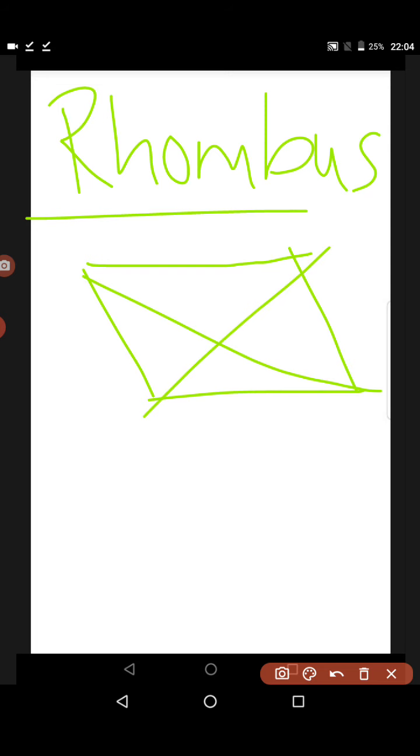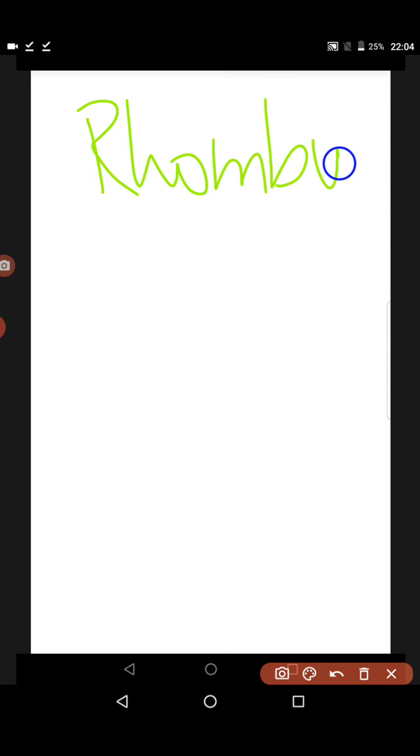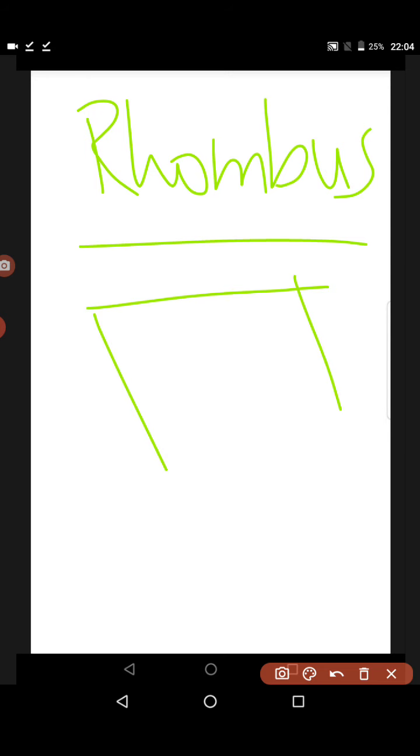It's not an exact measure, okay? Don't measure it. Yeah, now it came out better.